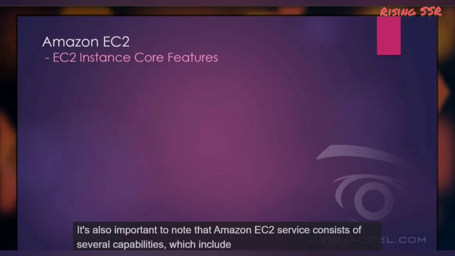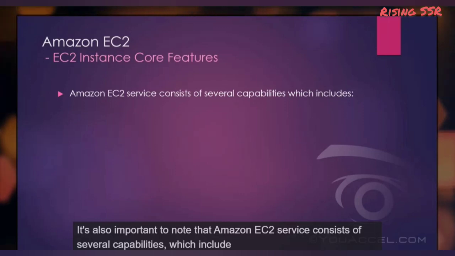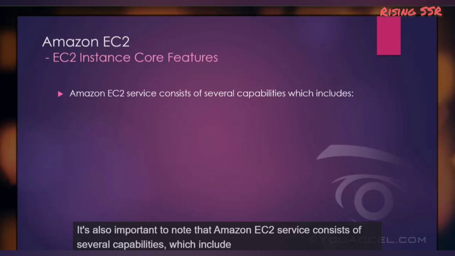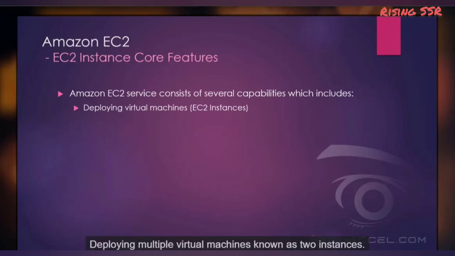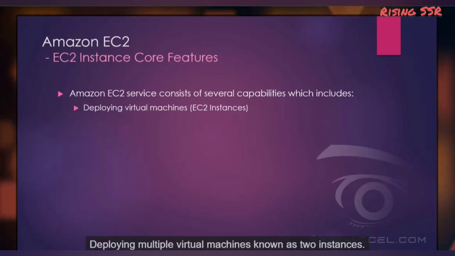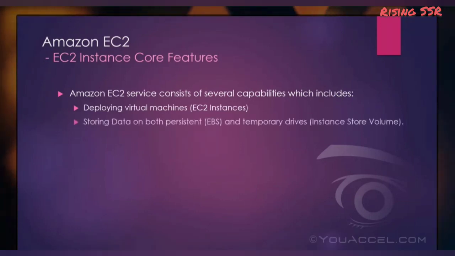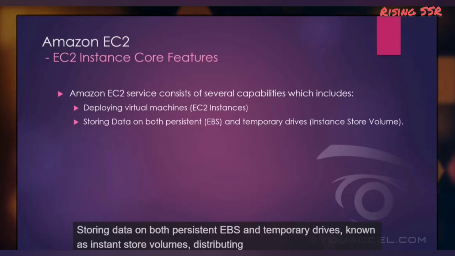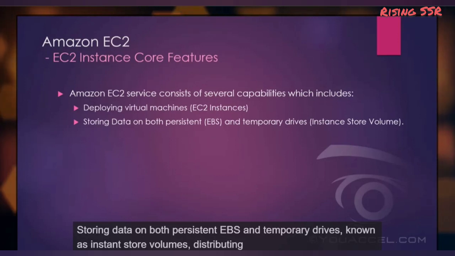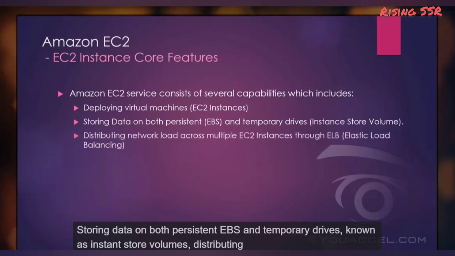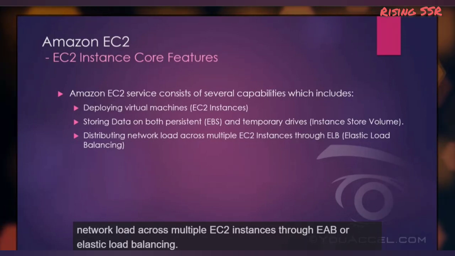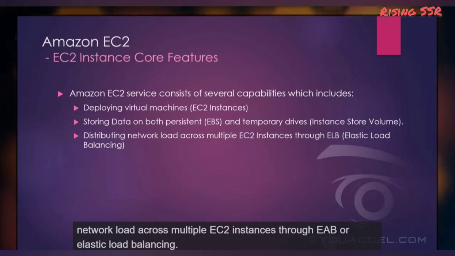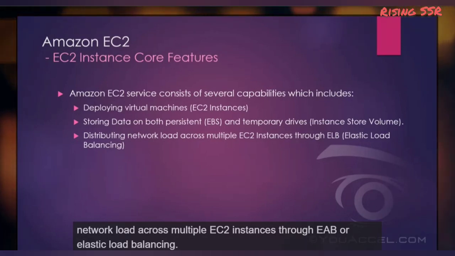It's also important to note that the Amazon EC2 service consists of several capabilities, which include the following: deploying multiple virtual machines known as EC2 instances, storing data on both persistent EBS and temporary drives known as instance store volumes, distributing network load across multiple EC2 instances through ELB, or elastic load balancing.